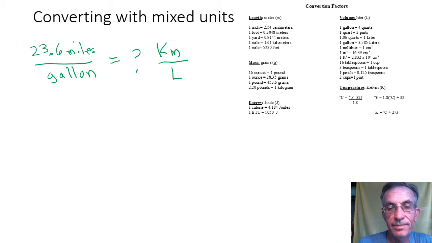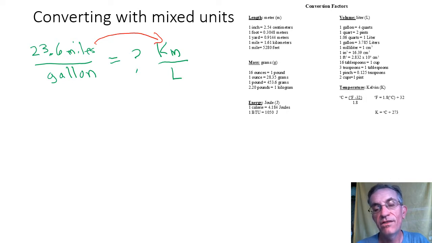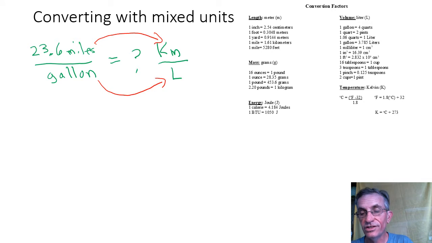We're going to have to spend a little effort getting miles to kilometers. Then we're also going to spend a little effort getting gallons to liters. So it's really two problems in one. I'm going to worry about getting the top part right, miles to kilometers, and then I'm going to worry about getting the bottom part right, gallons to liters.